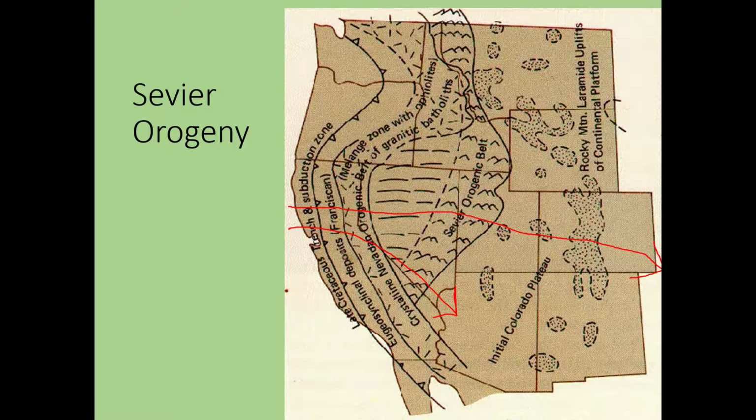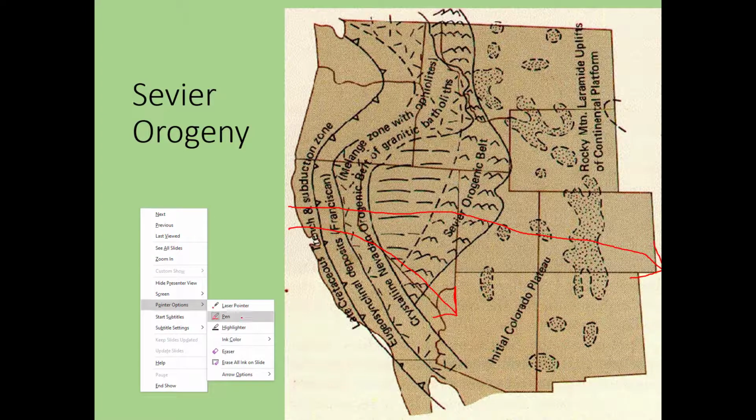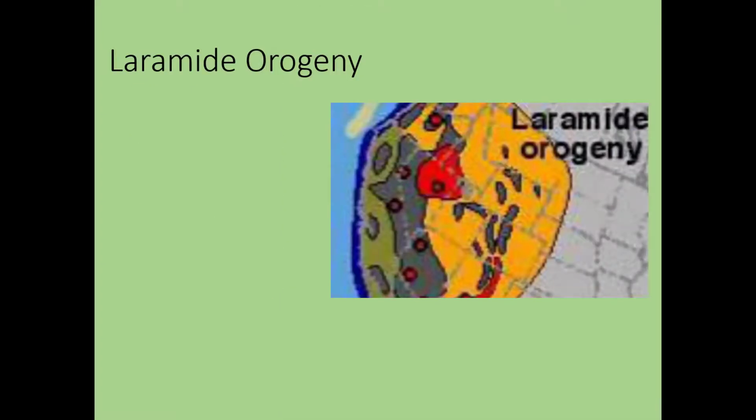So steeper subduction means that the deformation is going to be closer to the coast, and a more shallow subduction means that it's going to be further inland. Hopefully that makes sense. Let's turn this off. The Laramide orogeny is also a more gently sloping subduction, and again you can see more widespread, more inland deformation.